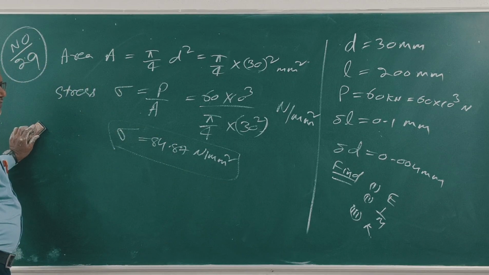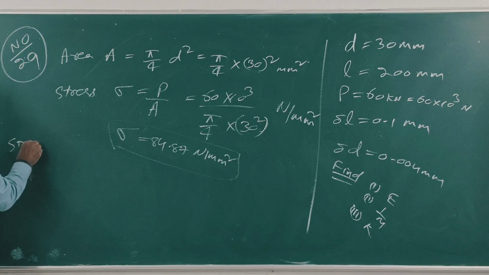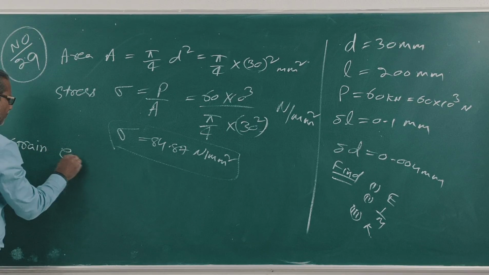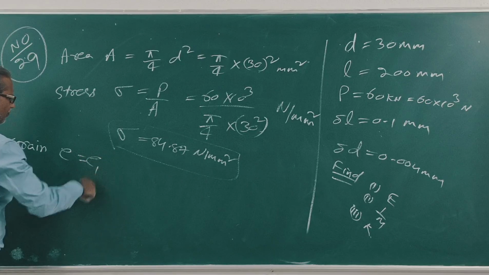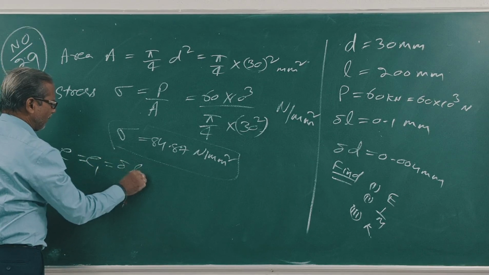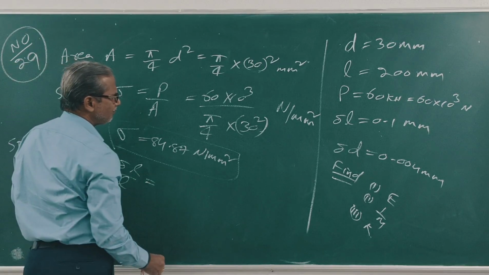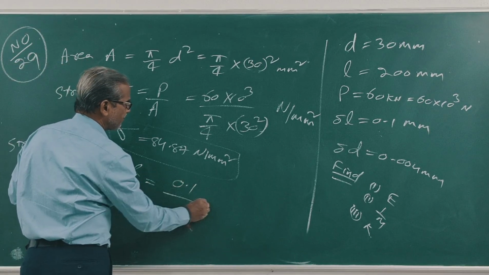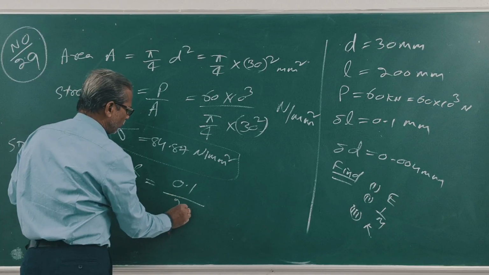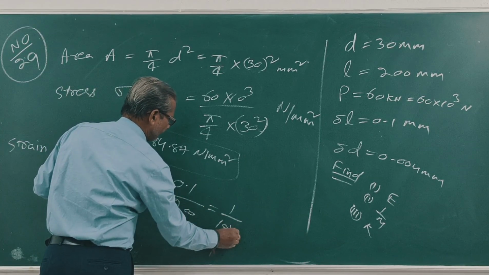Now strain. Strain means e1, longitudinal strain. What is strain equal to? Delta L by L. Delta L 0.1 by L 200. So 1 by 10 into 200.